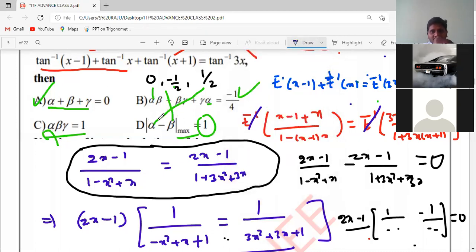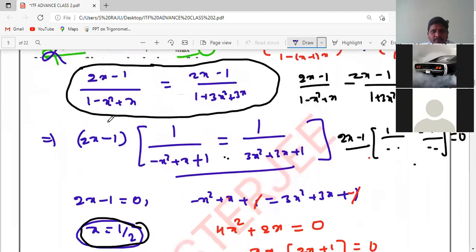Even with or without modulus, when I take alpha is 1 by 2, beta is minus 1 by 2, 1 by 2 minus of minus is plus. So 1 by 2 plus 1 by 2 is equal to what? 1. Not only that, you can take alpha is minus 1 by 2, beta is plus 1 by 2. Modulus of minus 1 will be plus 1. So A option is right, B option is right, D option is right. C option alone is wrong.